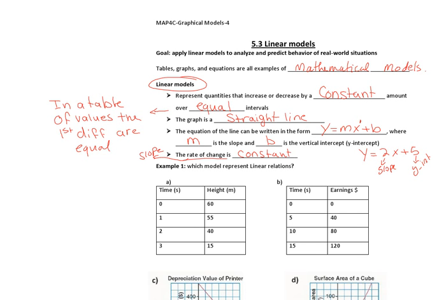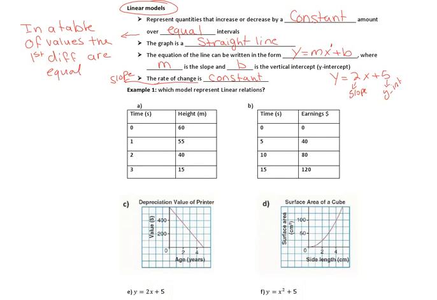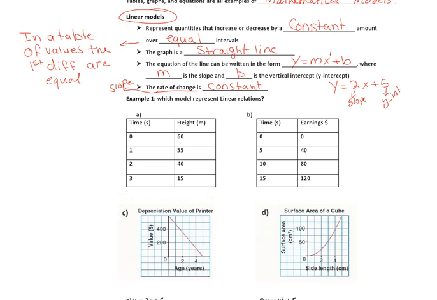So let's look at how you find the first difference. We have a table of values here. This is your x value, and this is your y value. When you want to do the first difference, you're going to do y2 minus y1. So you're going to get negative 5.